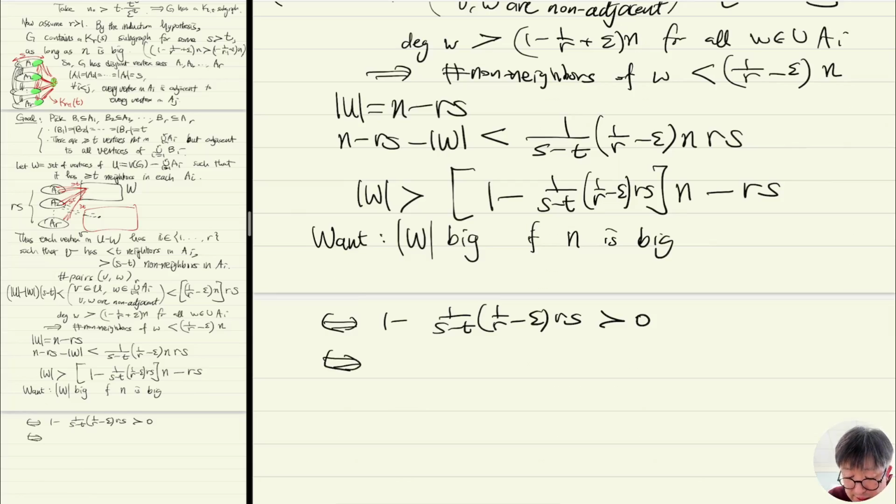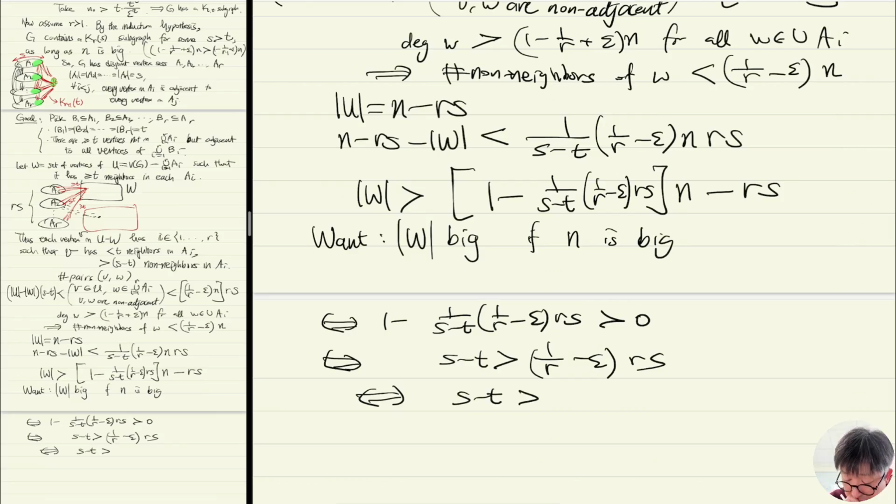So what does that mean? That means S minus T is bigger than this. So S minus T is bigger than S minus epsilon Rs, right? So what do we get?